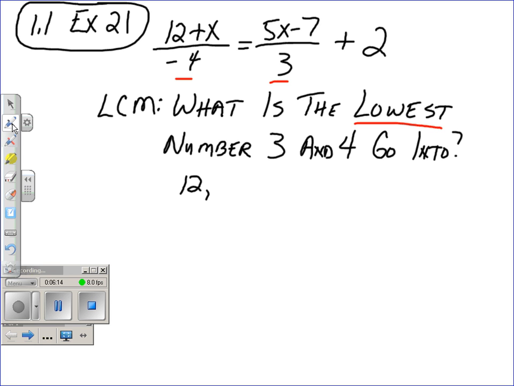They both go into 12, they both go into 24, they both go into 36, they both go into 48, and so on forever. We want to pick the lowest common multiple, the lowest number that both of them will go into. The reason we pick the lowest is it's less work for us. If we take 48 and multiply everything by 48, we're going to have some really big numbers that we have to deal with. So we want the lowest number they both go into because it's less work.